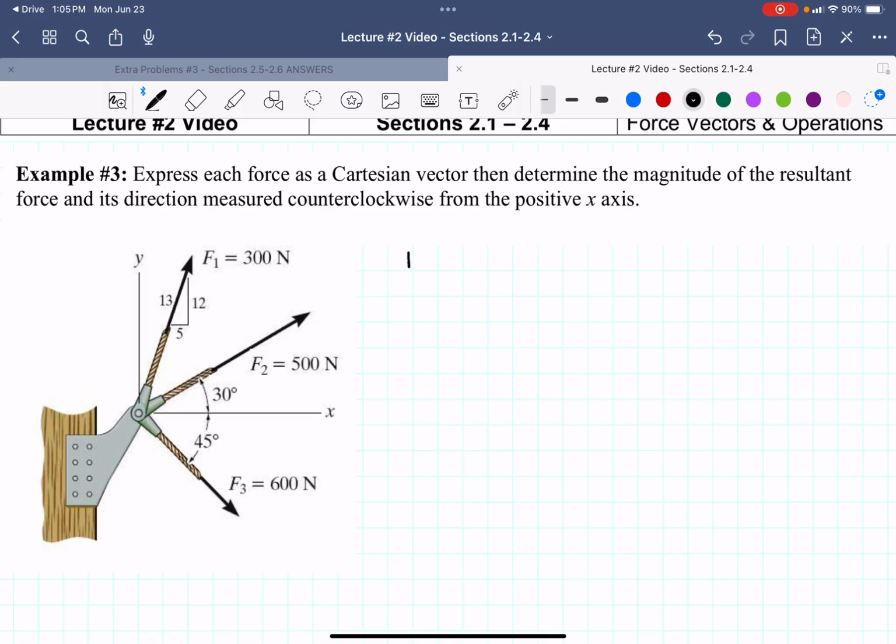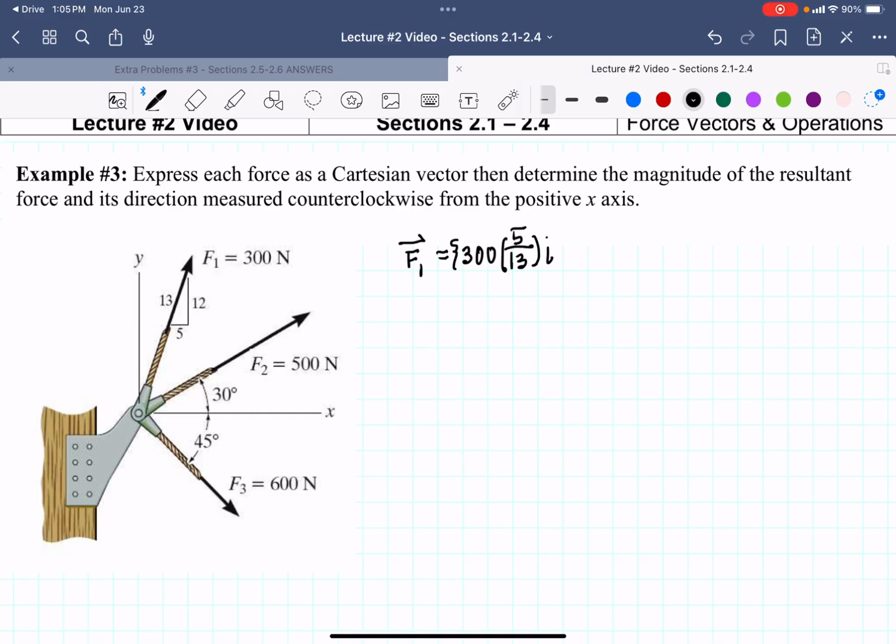So let's take F1 and its x component. If you can see, I've got similar triangles going on. It is a positive x because it's pointing to the right. And it is going to be that 300, parallel to the x-axis is the 5, and the hypotenuse is 13.